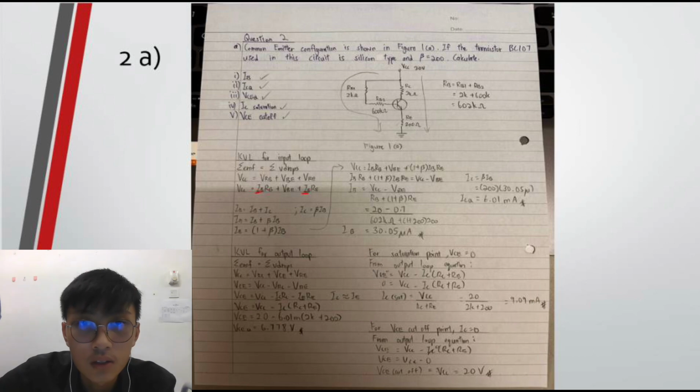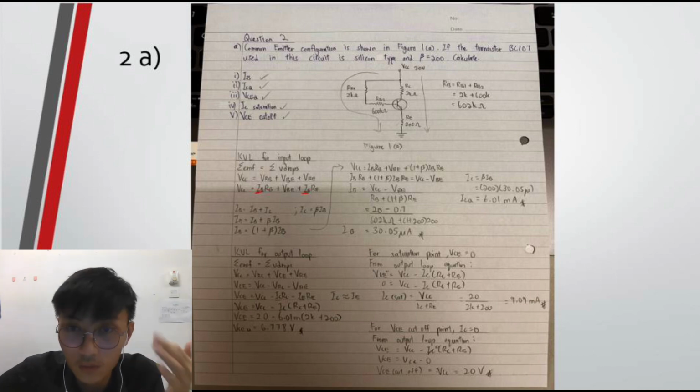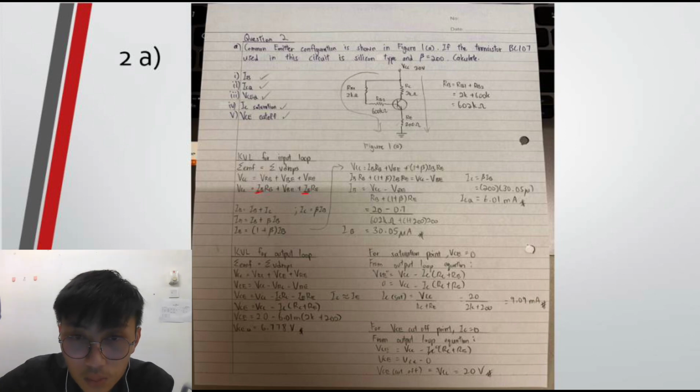Okay. Then the next step, we want to find the IC saturation point. For saturation point, VCE is always equal to 0, because VCE is from the x-axis. So now from the output loop equation, VCE equal to VCC minus IC times RC plus RE.